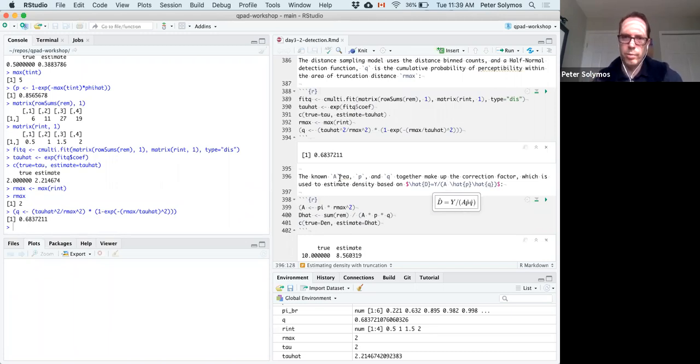And area was known, that was 200 meters.